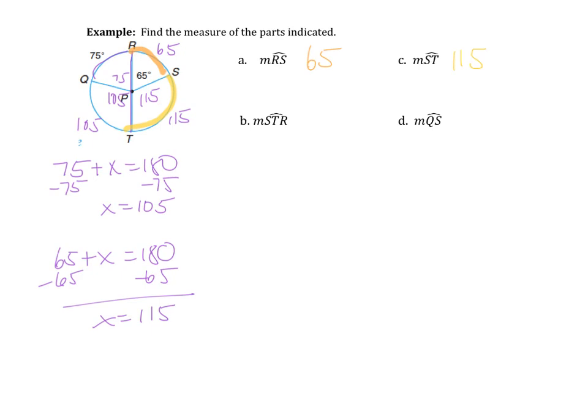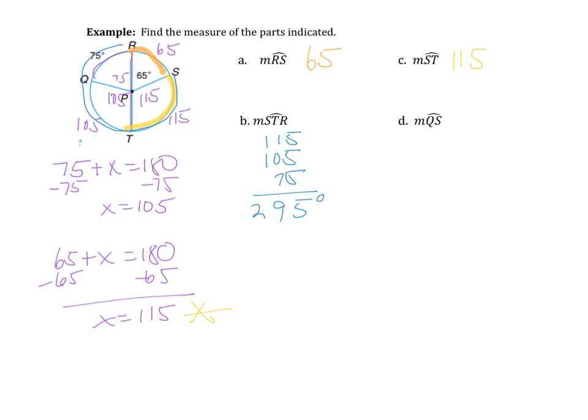And again, we got that 115 down here by knowing that RT is the diameter, and so I have half of a circle, semicircle. Let's pick blue this time. Measure of arc STR. So I'm going almost all the way around the circle. So I'm adding up that 115, 105, and 75. Adding those up, I get 295.